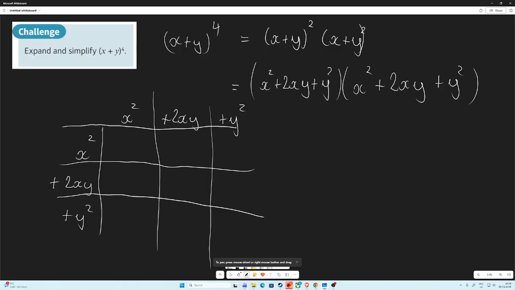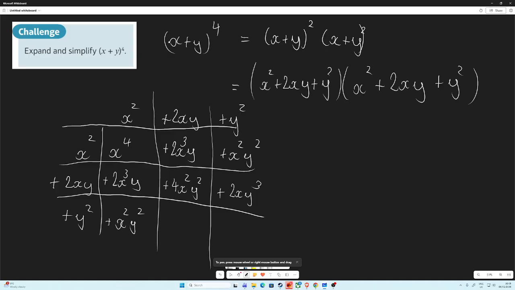We have x to the power of 4 plus 2x cubed y plus x squared y squared plus 2x cubed y plus 4x squared y squared plus 2xy cubed plus x squared y squared plus 2xy cubed plus y to the power of 4.